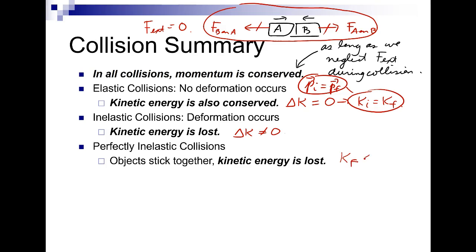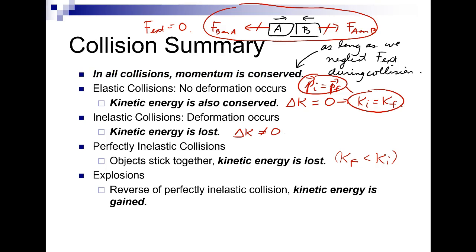So K final is typically less than K initial. And this isn't something you have to memorize, just to think about it. An explosion is the opposite of this, and kinetic energy is gained. So another kind of energy, perhaps some sort of potential energy in a stored form, is turning into kinetic energy. So kinetic final is somehow greater than kinetic initial.